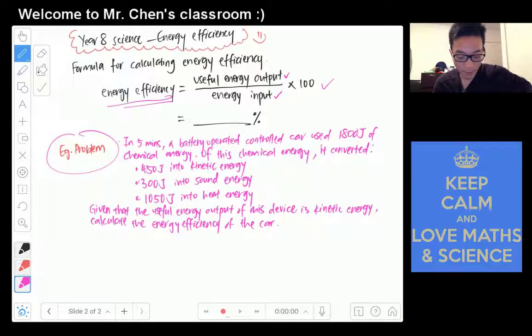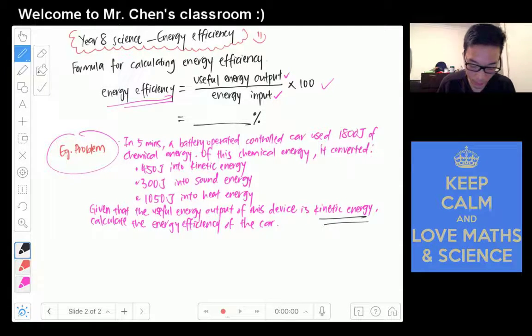Given that the useful energy output of this device is kinetic energy, because we technically don't need the sound and heat, we don't categorize sound and heat as useful energy. So out of that, only 450 joules is useful. Let's work that out.